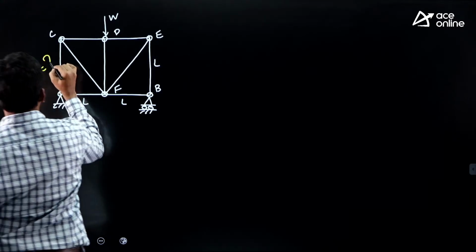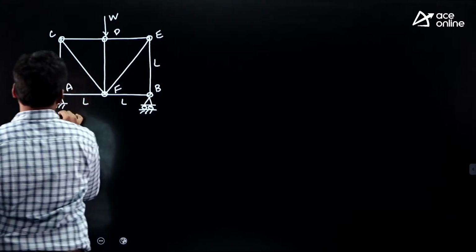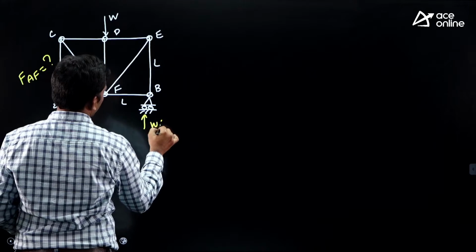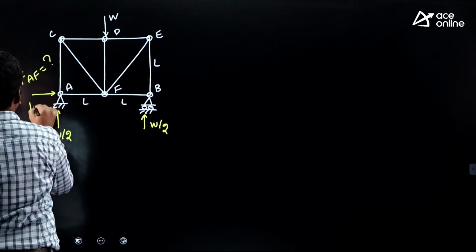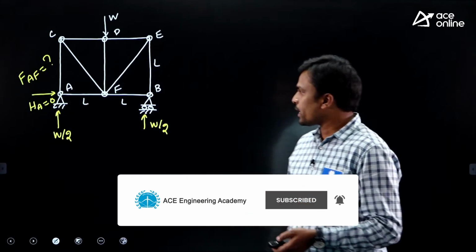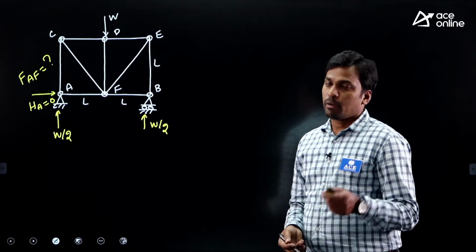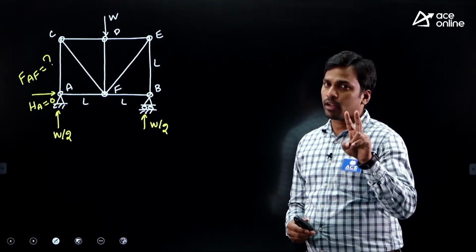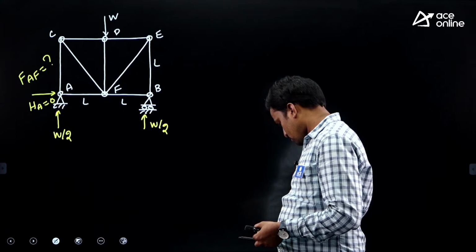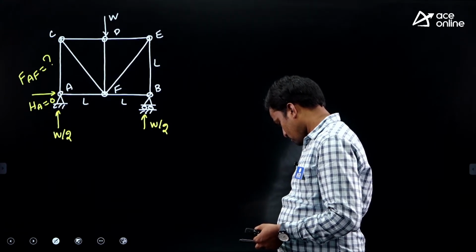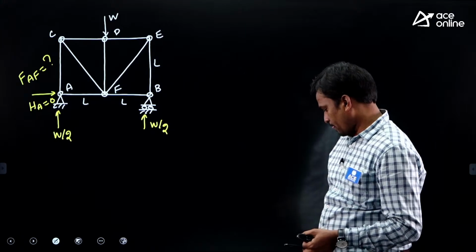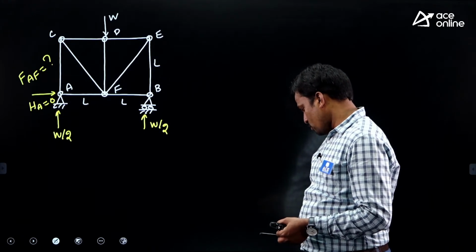Okay, so we already calculated support reactions. Here we got W by 2, here we got W by 2, and the horizontal reaction we got is 0. Now tell me students, I want to find the force in member AF. Then how to cut the structure? While cutting the structure, you have to remember to follow the two conditions. That's it. Tell me please, how to cut the structure?